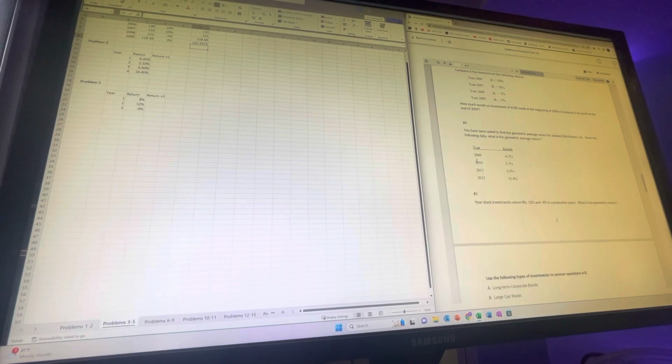On the right, you have been asked to find the geometric average return for Jackson Distributors Incorporated. Given the following data, what is the geometric average return? Then it gives us the returns for years 2009 through 2012. I already wrote those on problem 4 on the left.